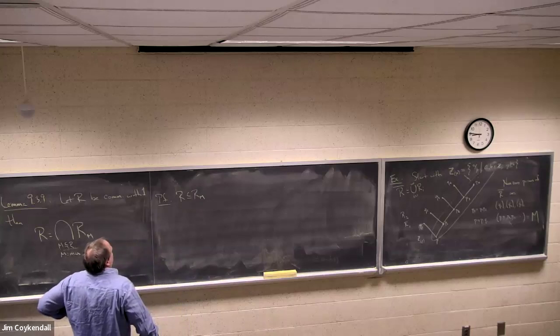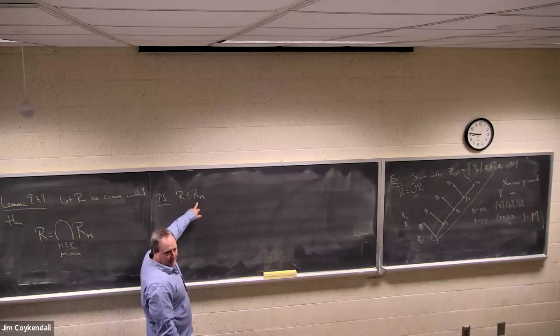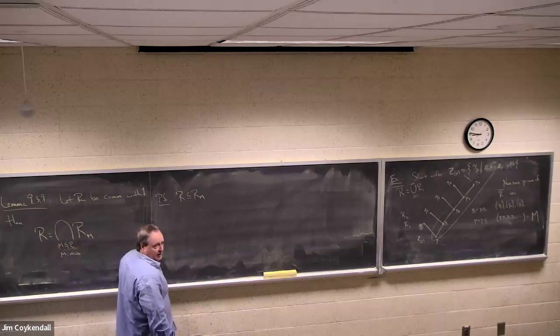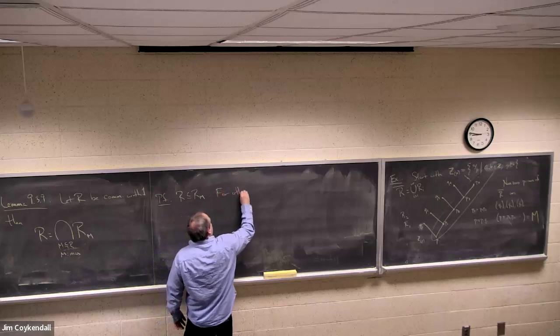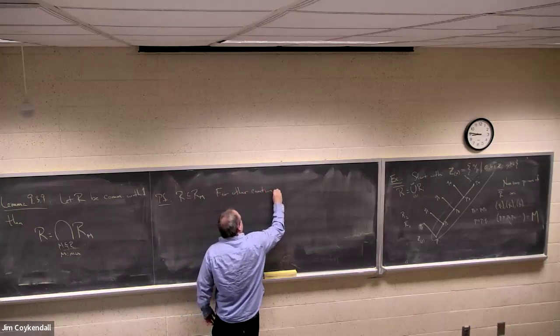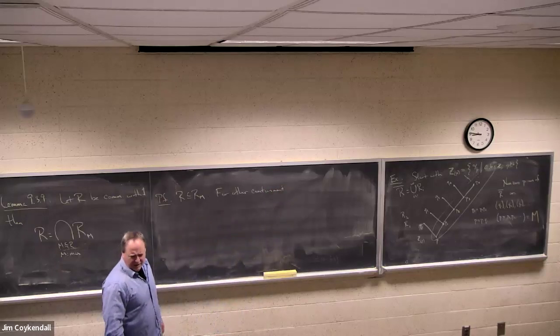So we know that R can be identified as contained in R localized at M. Okay, so that makes this containment pretty easy. For the other containment, what we're going to have to do is actually look at an ideal here.